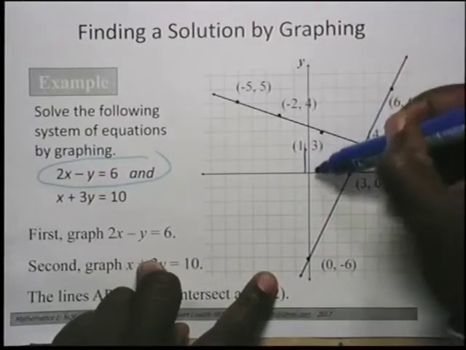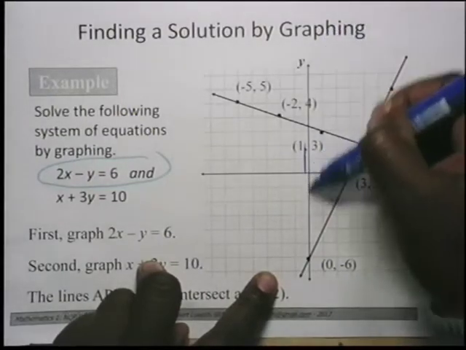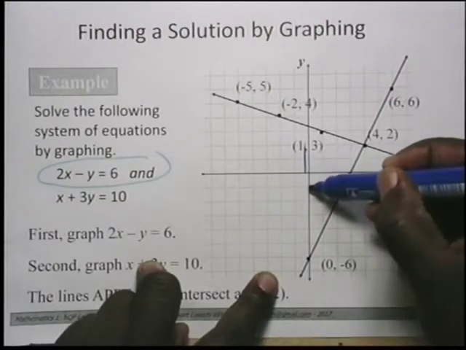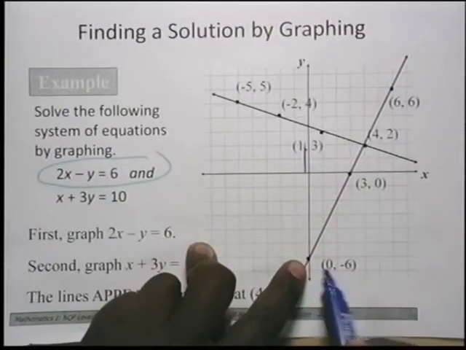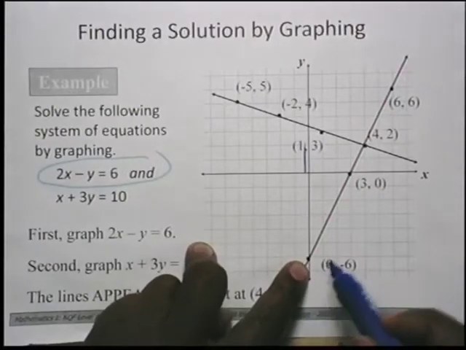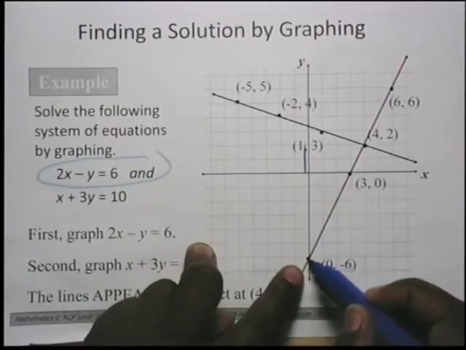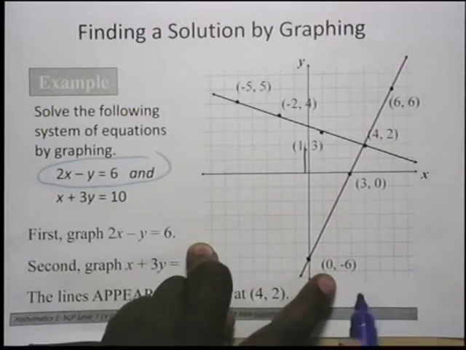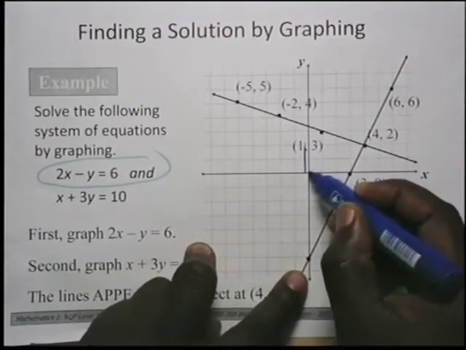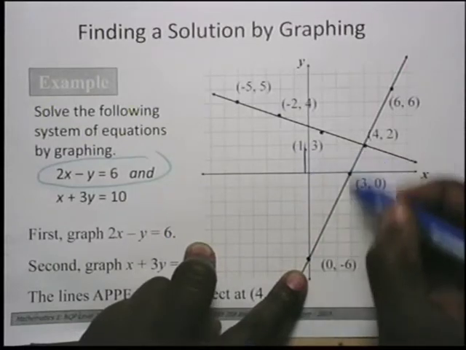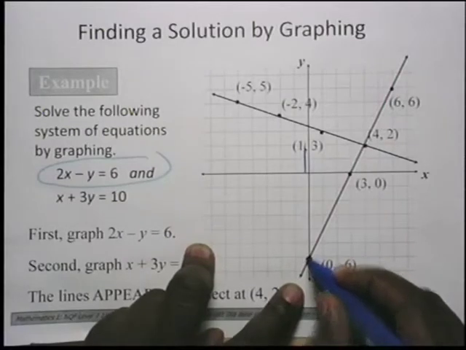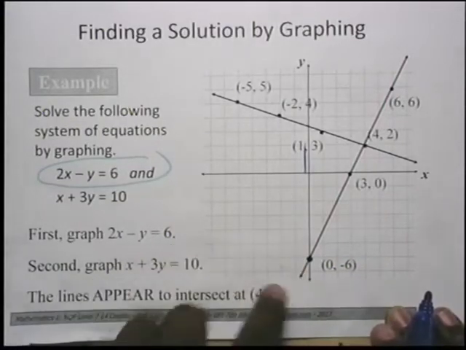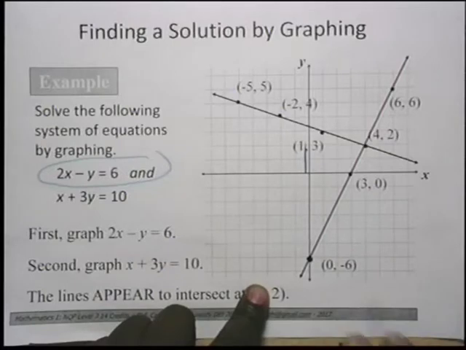Y is increasing from here going up and decreasing going down, so here it's minus 1, minus 2, minus 3, up to minus 6. So the point where x is 0 is here, and y is minus 6, it's this one. So this is our first point, and we denote it by a dot.